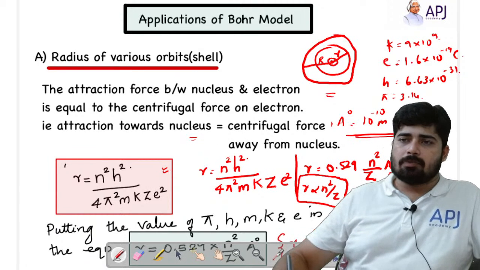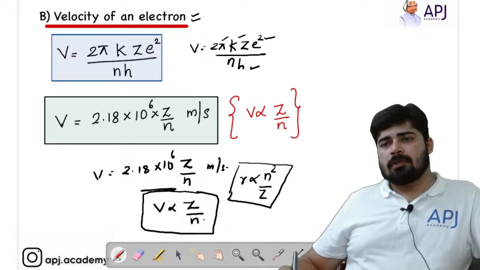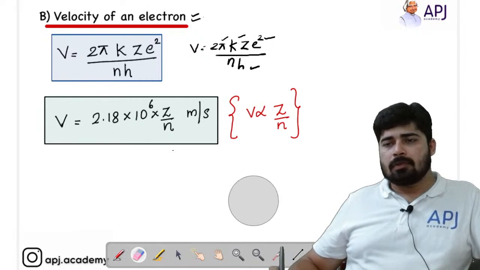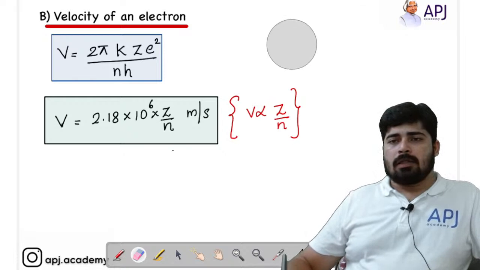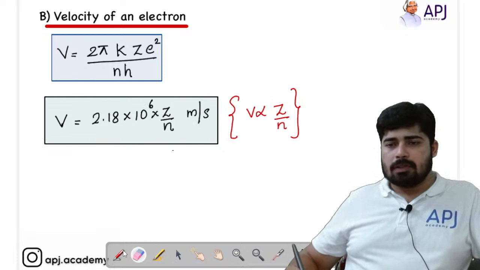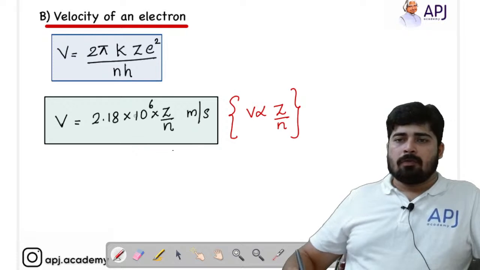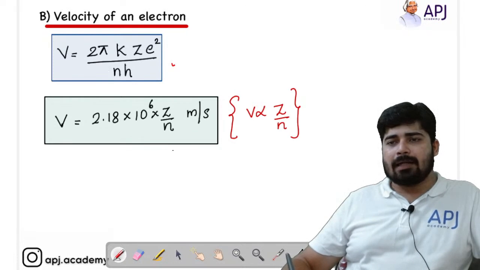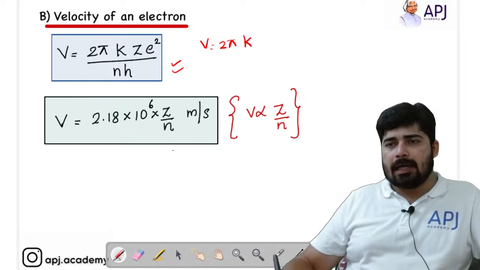Now let's move on to the next one. Here we are going to calculate the velocity of an electron. Bohr has provided the equation that velocity of an electron in an orbit is equal to 2 pi k z e square by nh.